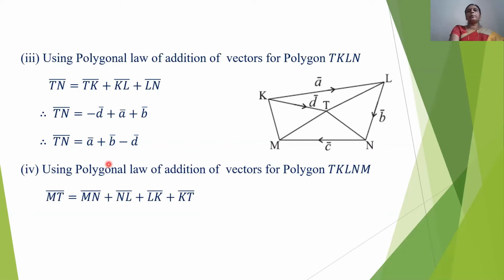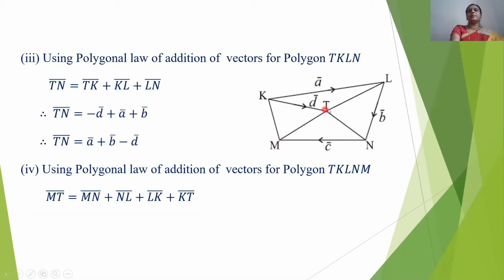Now, again using polygonal law of addition of vectors for the polygon. See the polygon T, K, L, N, M. Now, what will be this MT? This MT bar can be written as MN plus NL plus LK plus KT.